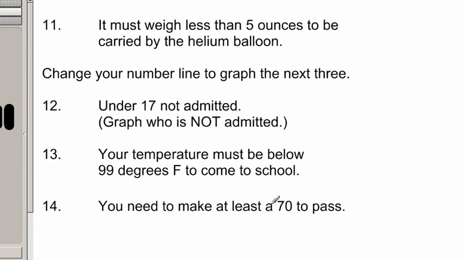So in number 12, I want you to graph for me all the ages of students that are too young to be admitted to rated R movies. I want you to graph appropriate temperatures for you to come to school and not get us all sick. And I want you to graph all the possible passing grades in my class. And I'll see you at school.